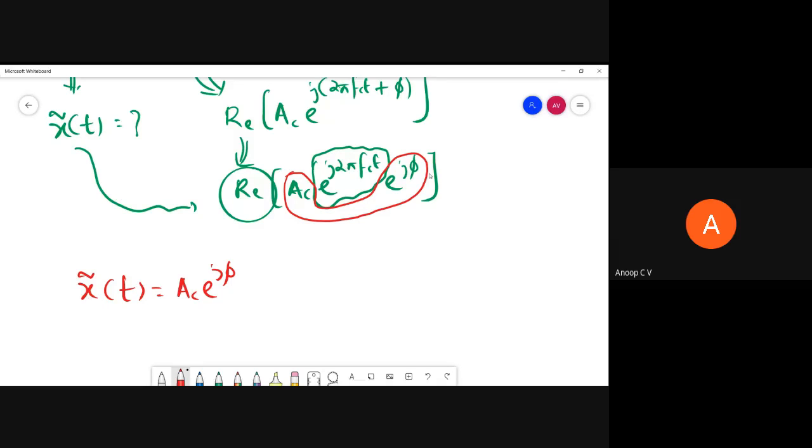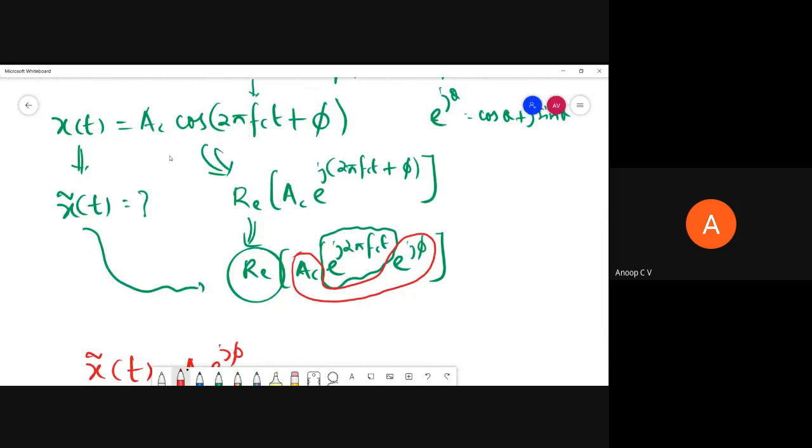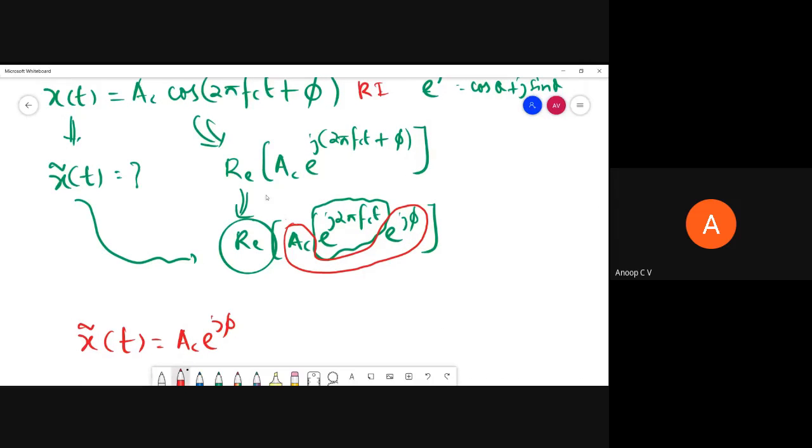So what we have done is, to convert the real instantaneous form or the band pass form into low pass form, I should first represent it as the real part of A_c times a complex exponential. For this, we use Euler's relation, e power j theta is cos theta plus j sin theta.